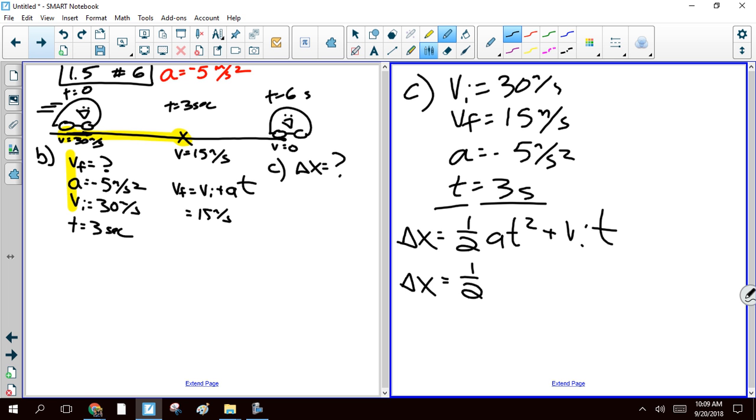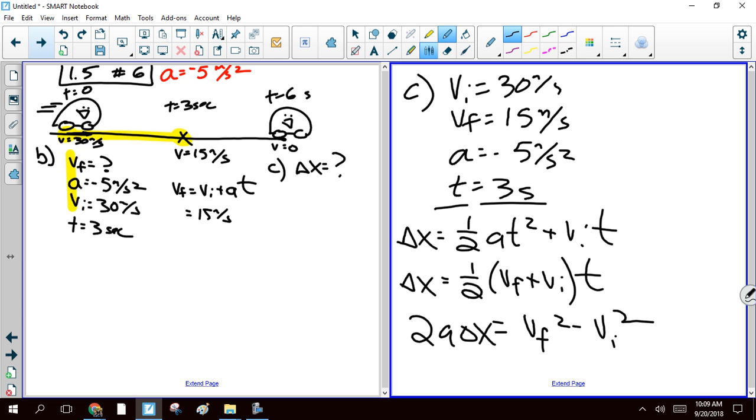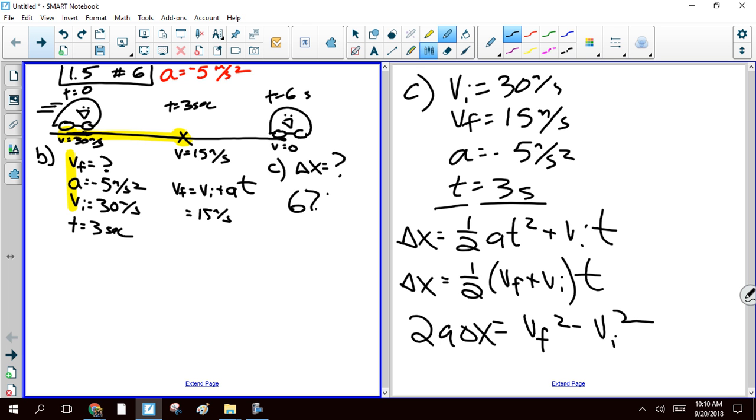You can do 1/2 of VF plus VI times T. We know all our numbers there. Or you can use some algebra, though I probably wouldn't go this route because it's more complicated, but it does work. Do you agree that any of these 3 equations will get it? When you find the displacement using any of them, you end up getting 67.5 meters.